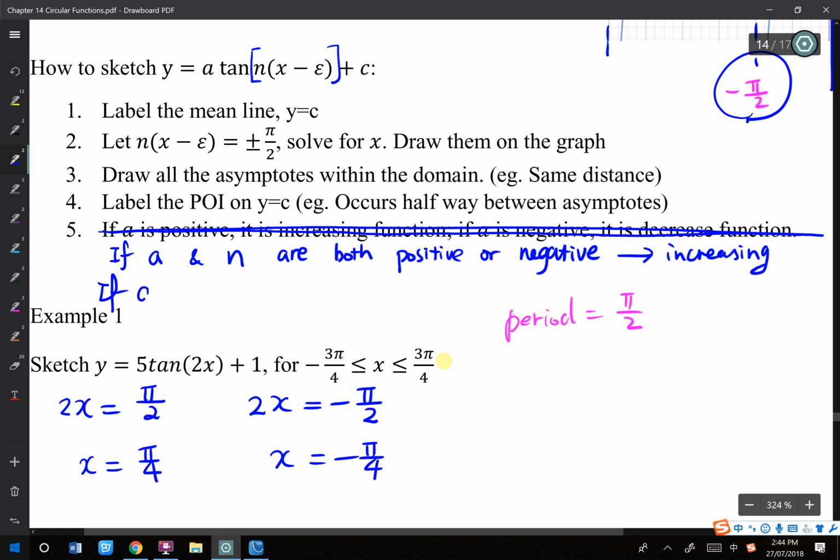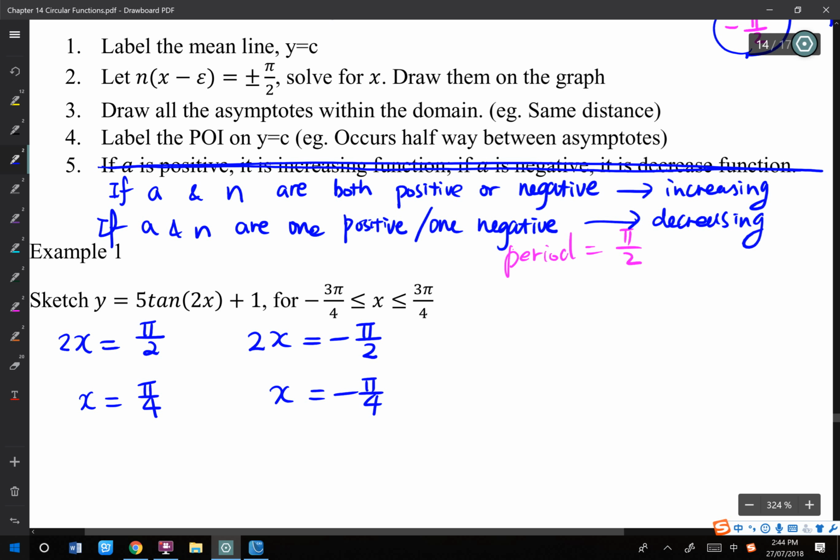If A and n are one positive, one negative, it doesn't matter which one is positive and which one is negative, then it's a decreasing graph. It's kind of the same as the cubic graph.